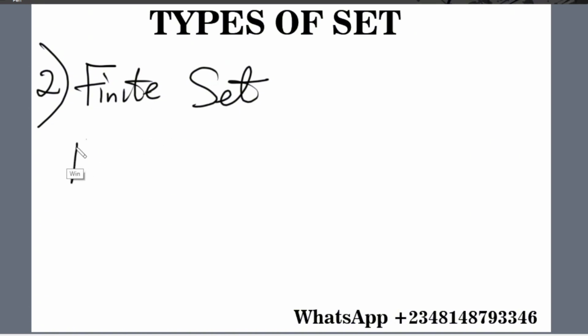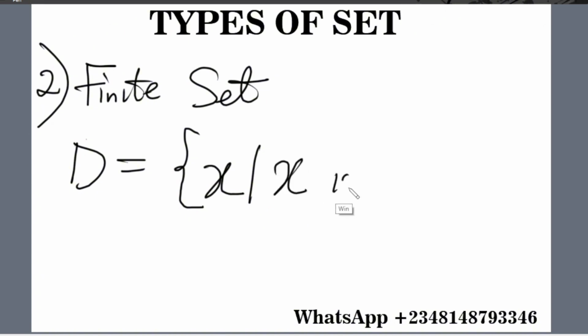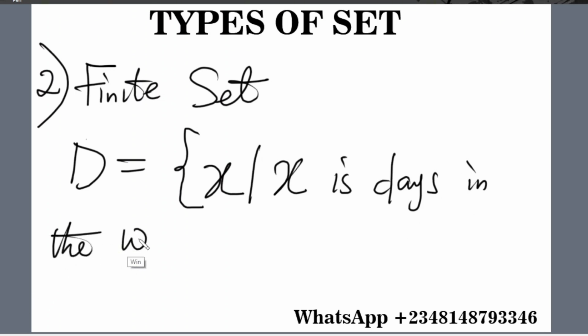Example, D equals, you open your curly bracket, X, such that X is days in the week. So this is finite because you know the number of days in the week. So we have 7 days in a week. So it is finite and direct.